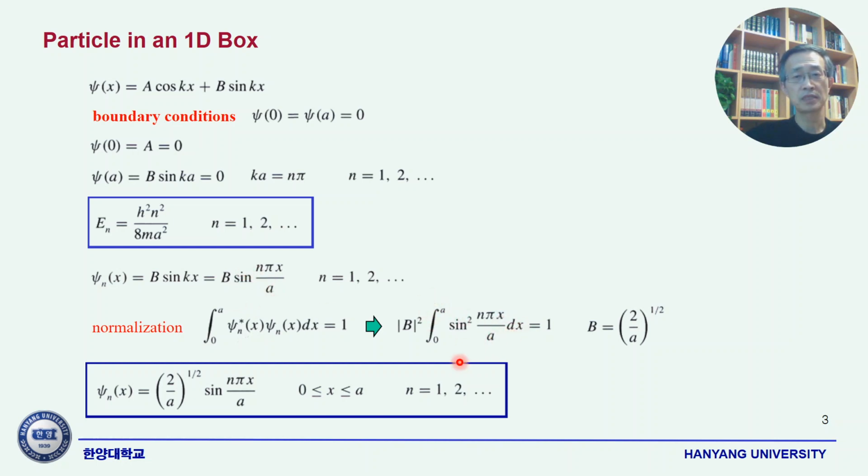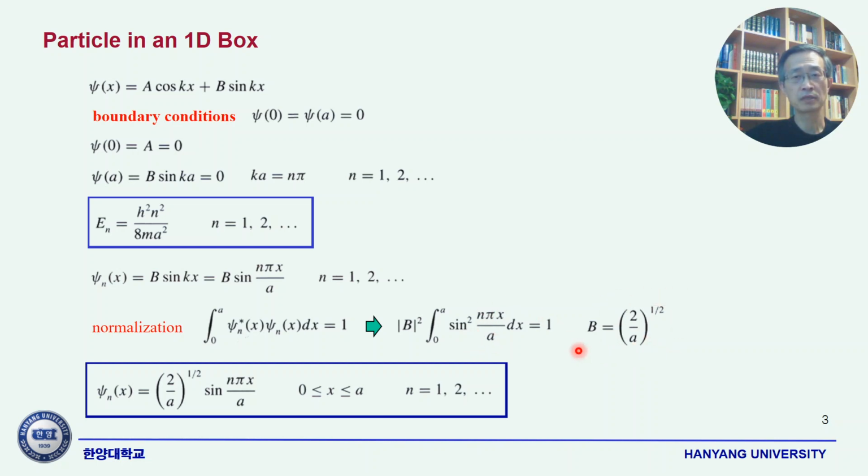And this can be easily done from your calculus, of course. I could do it, but I will just skip. I will leave this to you. And then this integral from 0 to a is a over 2. So a over 2 times b absolute value square is equal to 1. Then b is the square root of 2 over a.